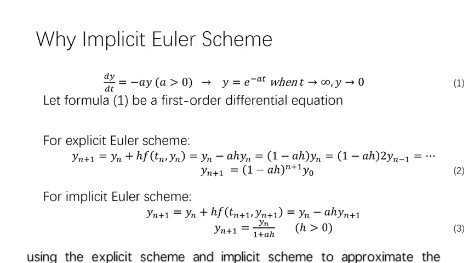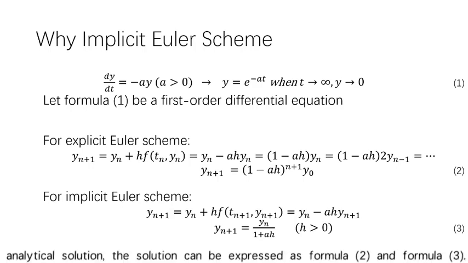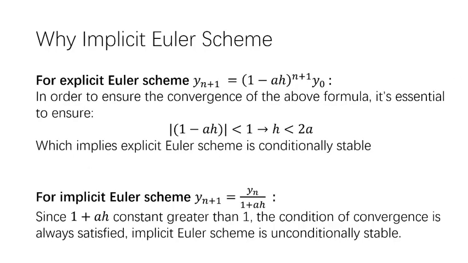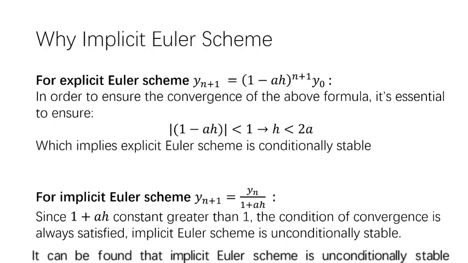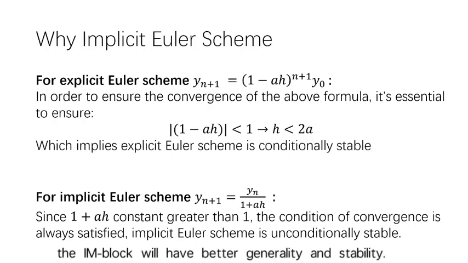But using the explicit scheme and the implicit scheme to approximate the analytical solution, the solution can be expressed as formula 2 and formula 3. It can be found that implicit Euler scheme is unconditionally stable, but explicit Euler scheme is conditionally stable, given that the IM block will have better generality and stability.